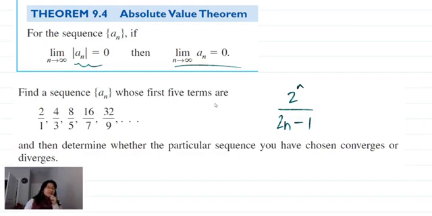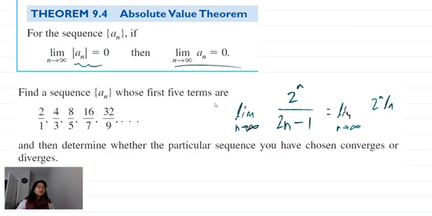And so what is going to happen to this sequence? Is it going to converge or diverge? Well, if we look at the limit as n approaches infinity of this, what's going to happen? Our numerator, we've got an indeterminate form of infinity over infinity, so we're kind of sad. But that's okay, because we can use L'Hopital's rule, and so we'll get that this is equal to the limit as n approaches infinity of 2 to the n times the natural log of 2 over 2.